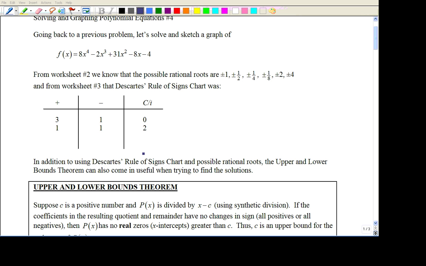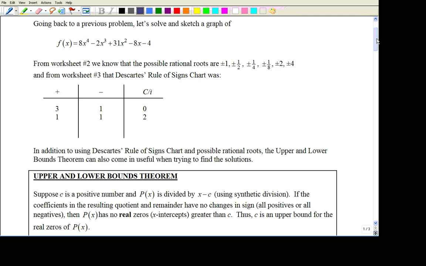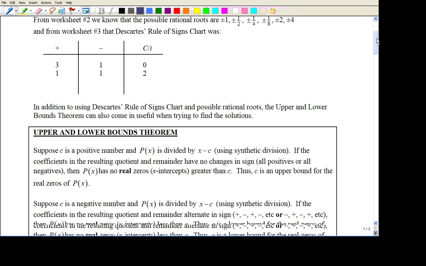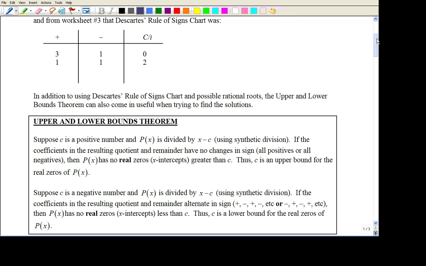In addition to using Descartes' rule of signs chart and possible rational roots, the upper and lower bounds theorem can also be useful when trying to find these solutions. Suppose c is a positive number and p of x is divided by x minus c using synthetic division.